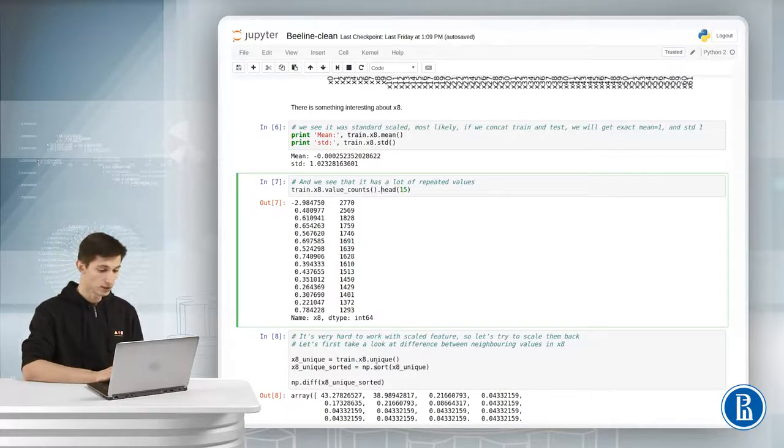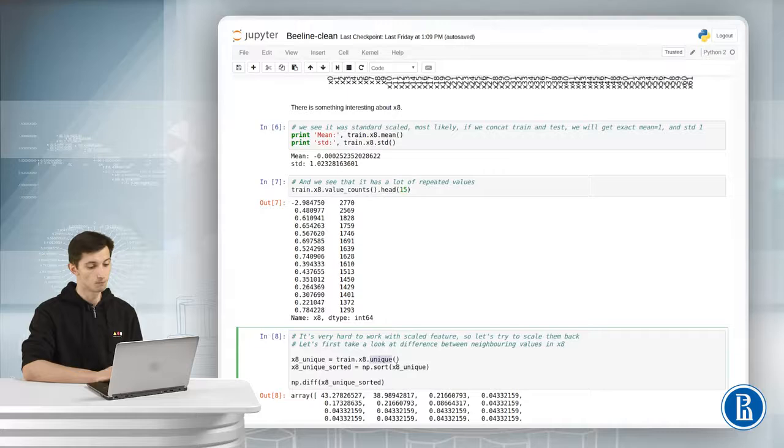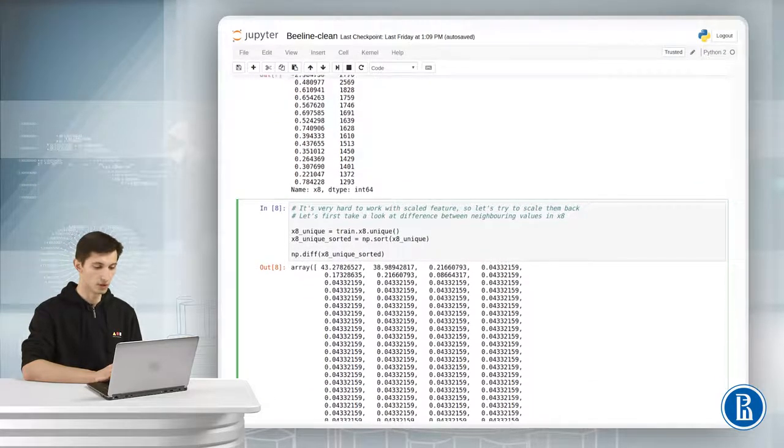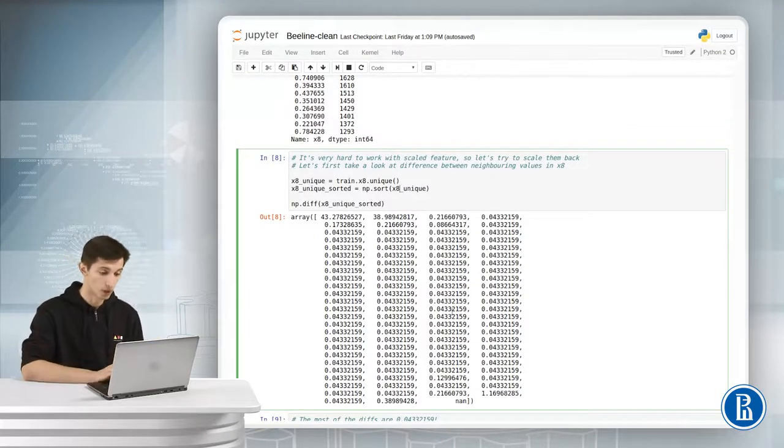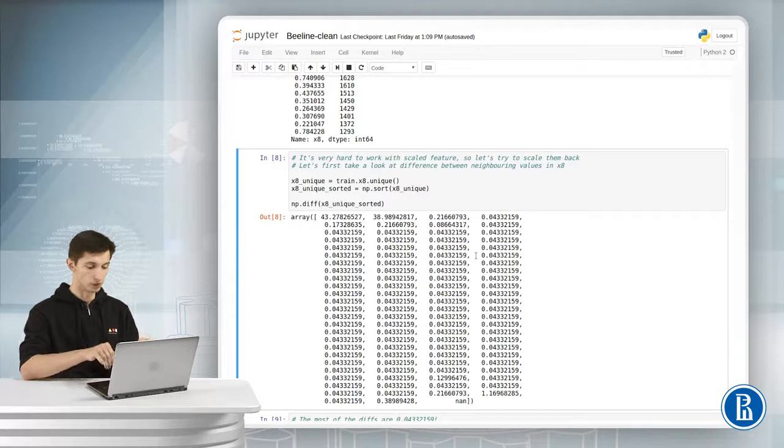So let's take unique values of the feature and sort them. And let's print the difference between two consecutive numbers in this sorted array. And look, it looks like the values are the same all the time. So the distance between two consecutive unique values in this feature was the same in the original data too.